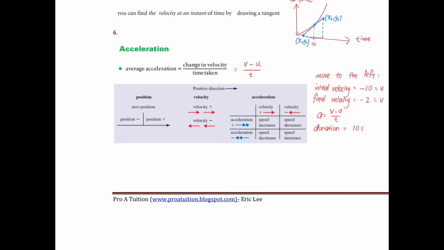So a is equal to minus 2 minus negative 10 over 10. Okay, so you end up with 8 over 10, which is 0.8 meter per second per second.